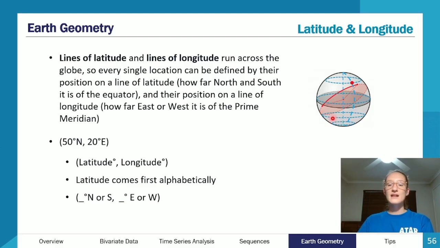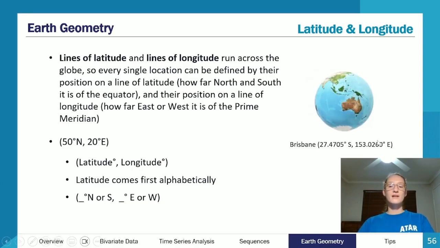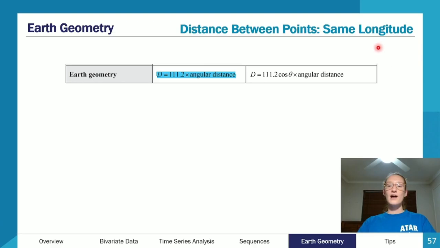So the difference between here and here is going to be very different from the difference between here and here, because these circles are very different sizes, whereas all of our lines of longitude are the same size. That's a bit of an obstacle that we run into, which is why, when they're on the same longitude, it's a simpler formula, because we know they're always going to be on a semi-great circle, which makes the maths a little bit easier.